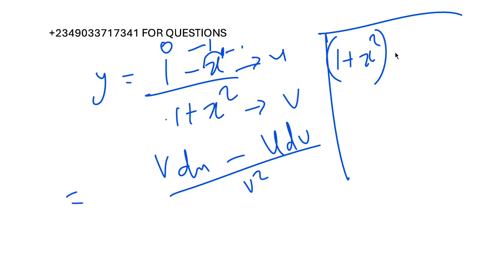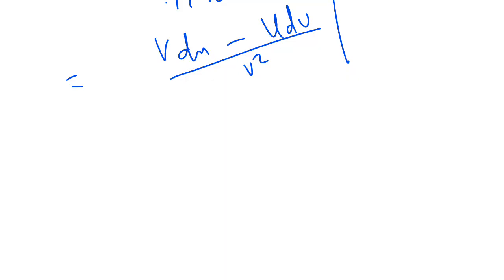So that's 1 plus x squared into minus 1 minus, then if we do, let me make it clearer. Remember, this is the function we are given, 1 minus x over 1 plus x squared.